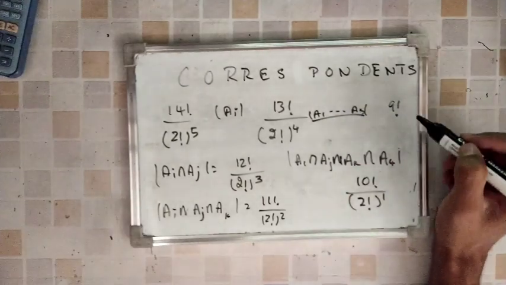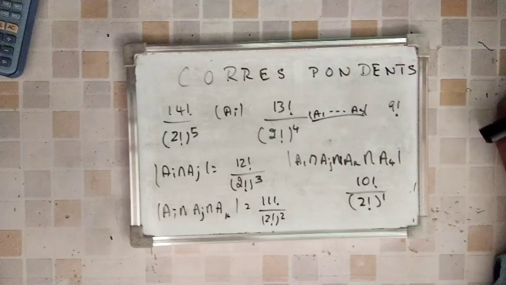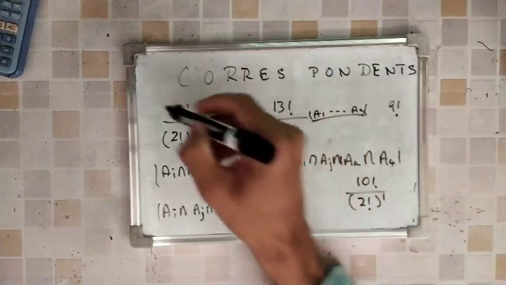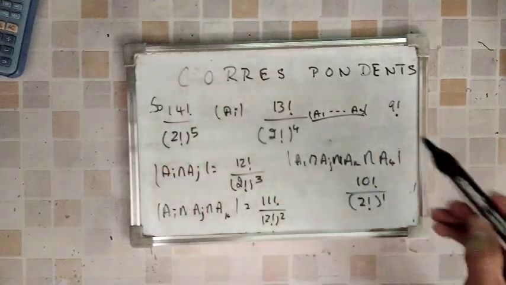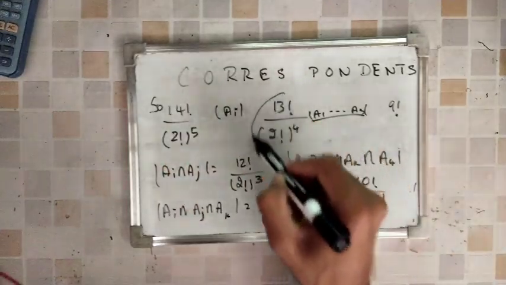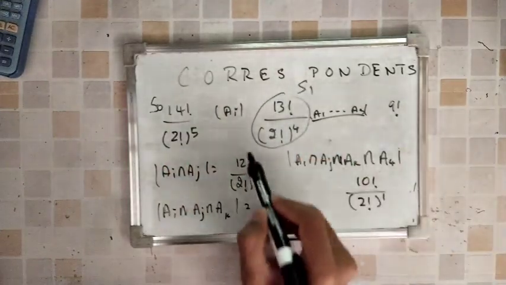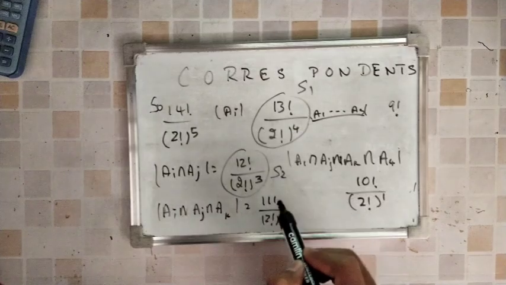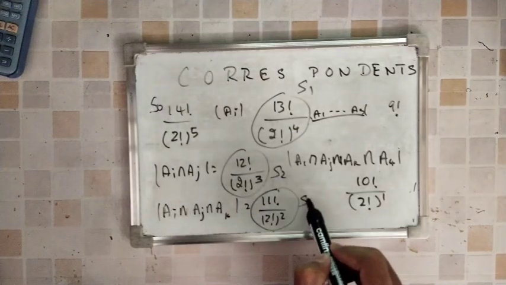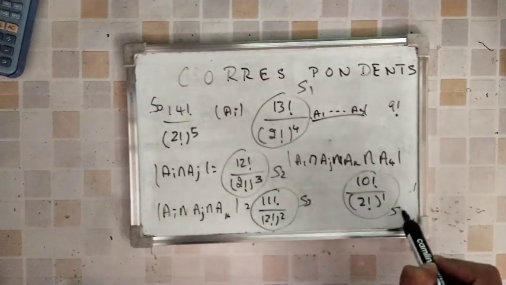So these are the possible permutations we have here. So this is my S naught, this is my S1, this is my S2, this is my S3, this is my S4, this is my S5.